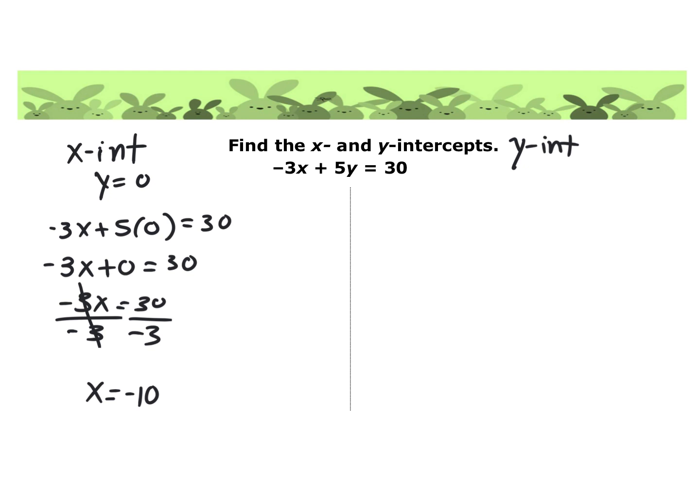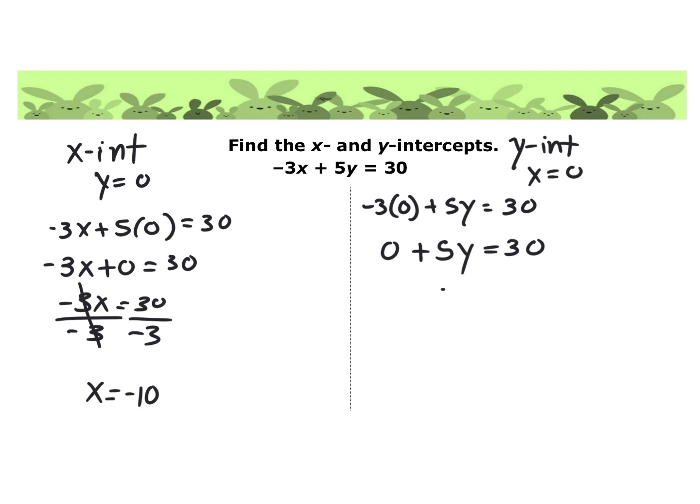Now, time for the y-intercept. We get the x is equal to 0. So we're going to go ahead and write -3 times 0 plus 5y equals 30. Anything times 0 is 0, so negative 3 times 0 is just 0, plus 5y equals 30.